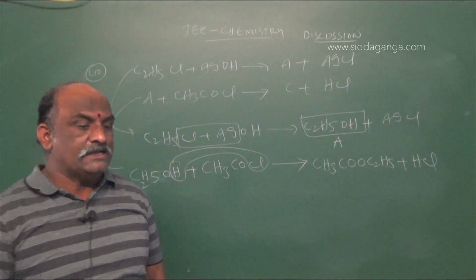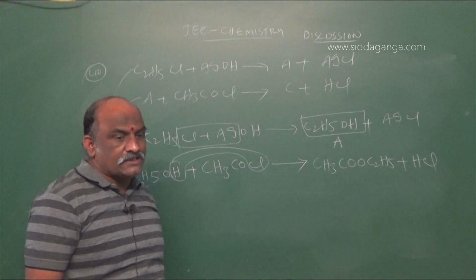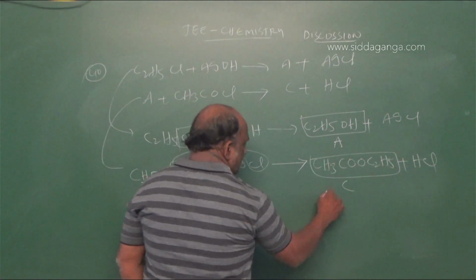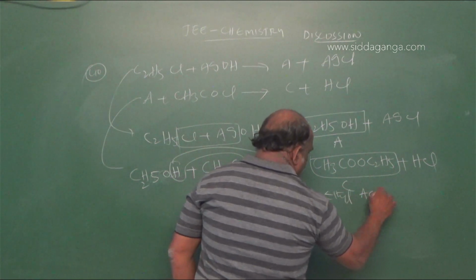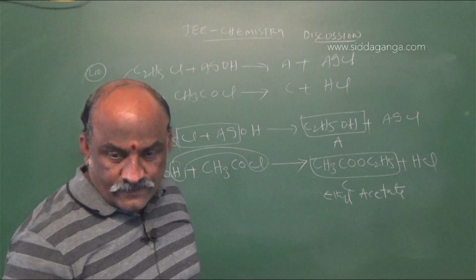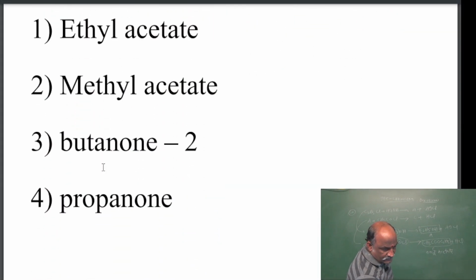CH3COOC2H5 is called ethyl acetate. This is C. So the answer is ethyl acetate. The first option is not methyl acetate, this is ethyl acetate. Step 1 gives ethyl alcohol, step 2 eliminates HCl. The answer is ethyl acetate. Simple question this is. You should do practice.